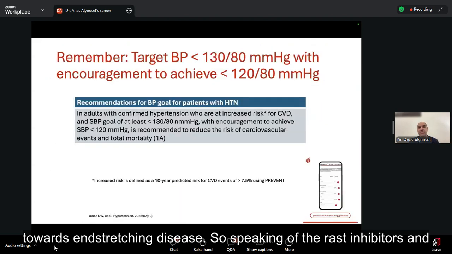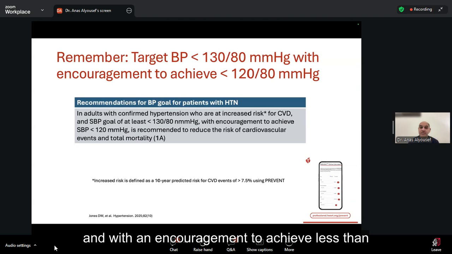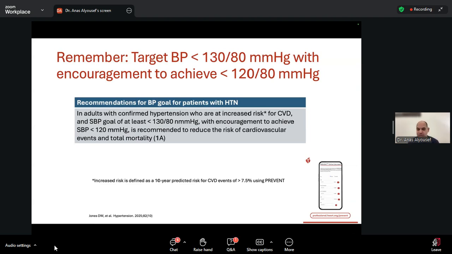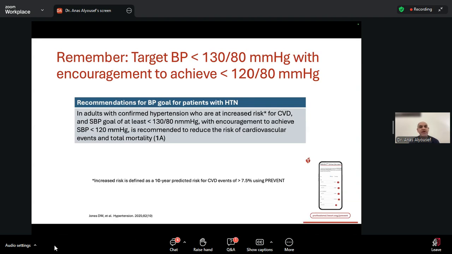Speaking of the RAS inhibitors, I mentioned that for the target blood pressure, remember it's less than 130/80, with an encouragement to achieve less than 120/80 in those patients who can tolerate it. And this came from the AHA guidelines that were released last summer, in August 2025.